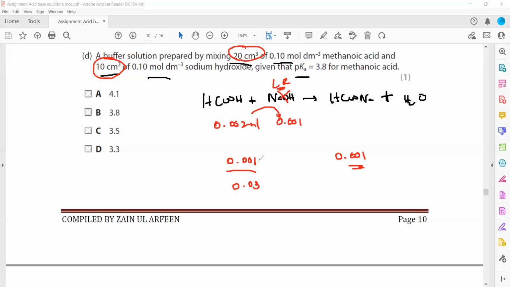So 0.001 divided by 0.03 gives the concentration of the acid. And 0.001 divided by 0.03 for the salt also makes the same.